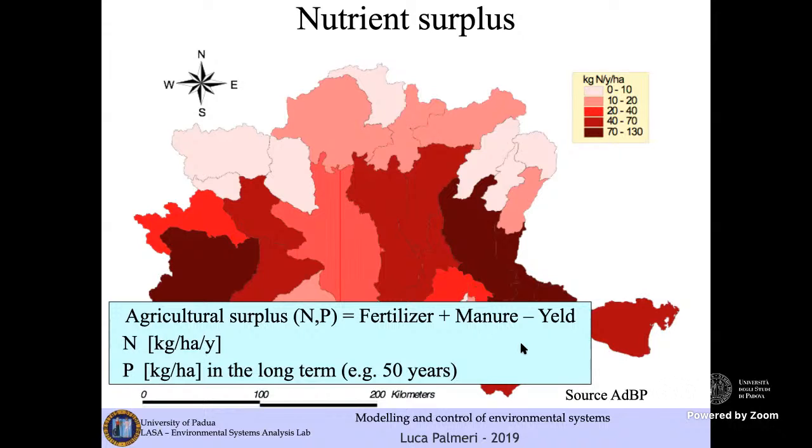You understand that the collection of this data was quite complex because we had to have information concerning the employment of fertilizer and manure and information concerning the crops that are grown in a particular territory.